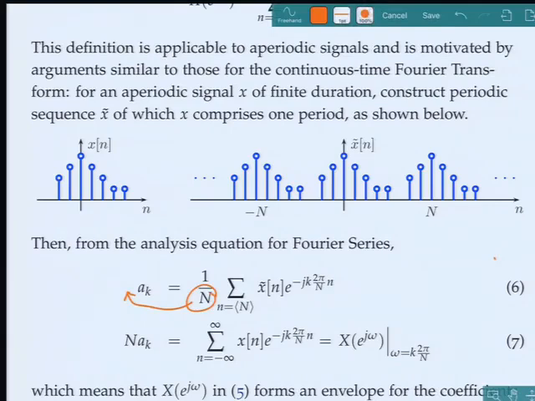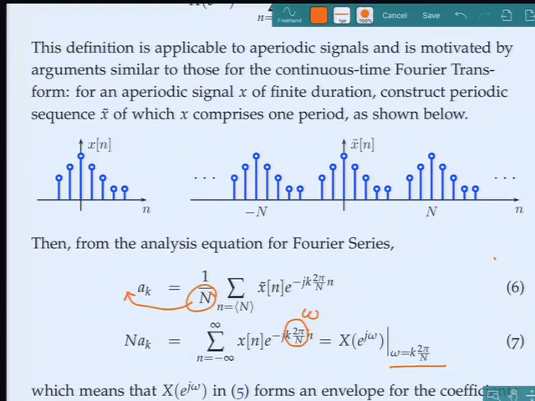And I can think of this here as, I can pretend this is a continuous variable, frequency variable omega, and then what I get here is the Fourier series coefficients ak being samples of that continuous function of omega, right? Samples taken at integer multiples of the fundamental frequency, which is 2 pi by n, right?